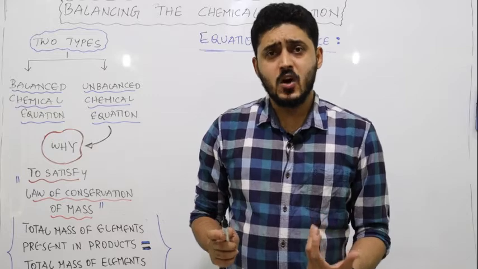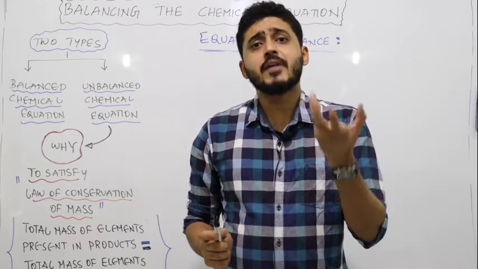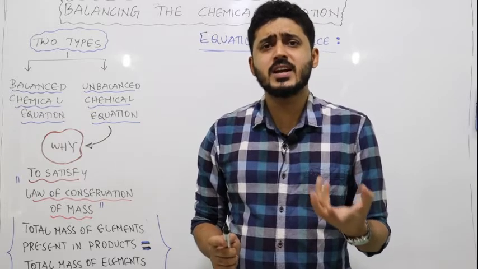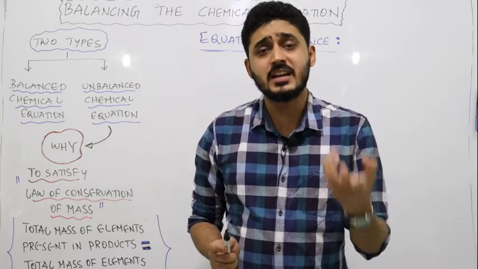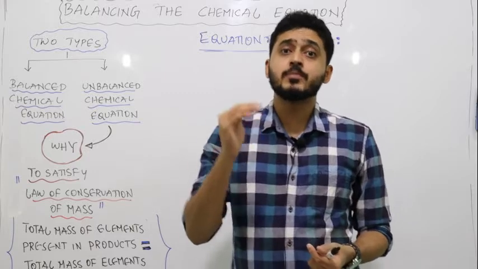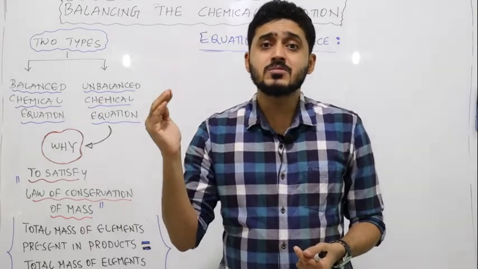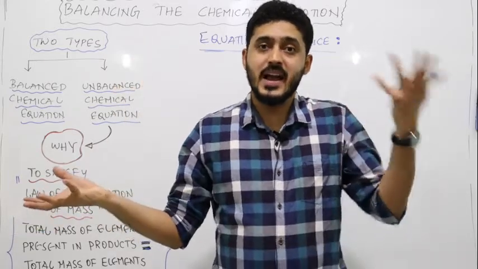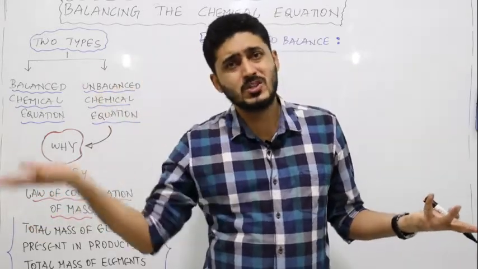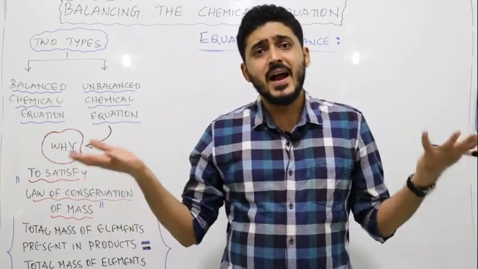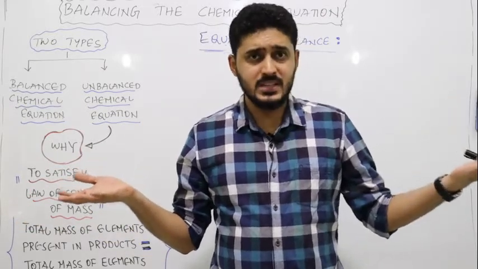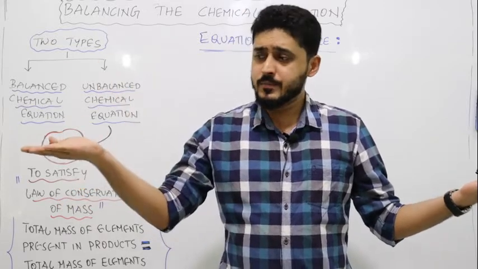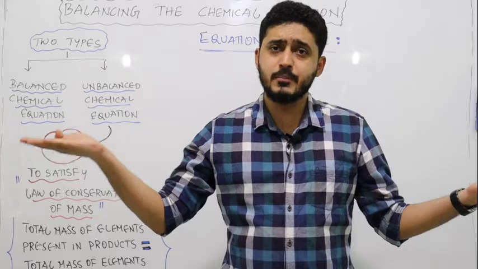In other words, the total number of atoms of each and every element present in the reactants should be equal to the total number of atoms of each and every element present in the product. So in reactants you will have a few elements, and in the products you will have a few elements. The element which has a certain number of atoms in the reactant should have the same number in the product.